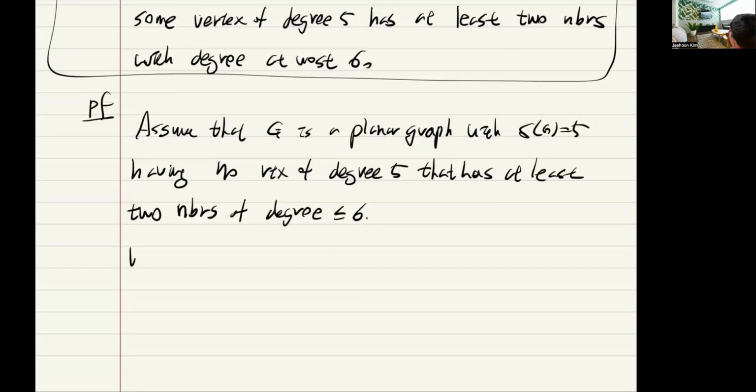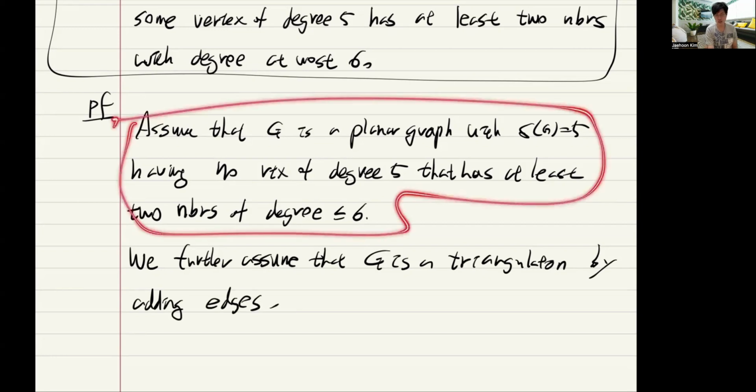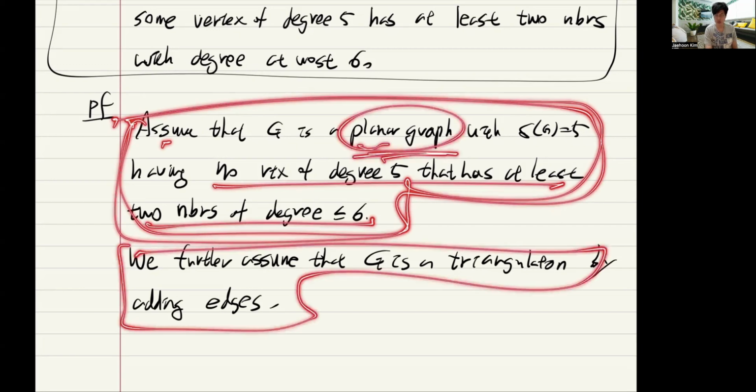And we further assume that this is a triangulation by adding edges. Because if your original graph satisfies this condition, you add an edge, then it still satisfies this condition. So this latter condition is still satisfied because we are making a triangulation. A planar graph is still a planar graph.